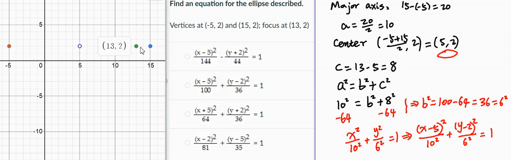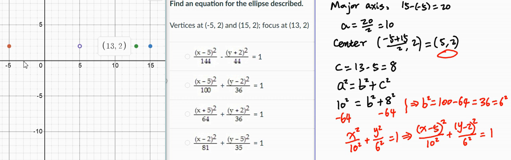Then what is the a value? The distance between one vertex and another vertex is 15 minus -5. Here is 15, here is -5. That's the distance.